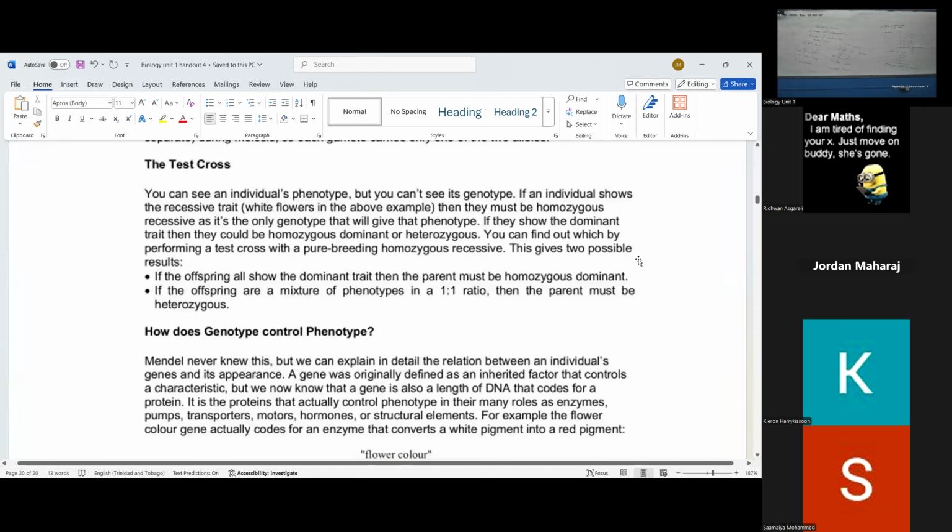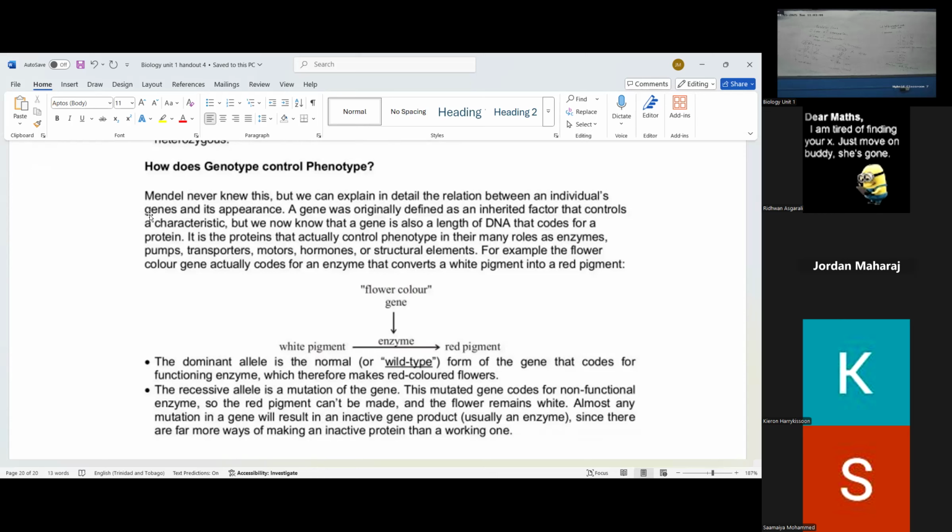So you always see this term, a term called wild type. Can anybody tell me what wild type means? When they say wild type, it's simply referring to the dominant allele in a population.